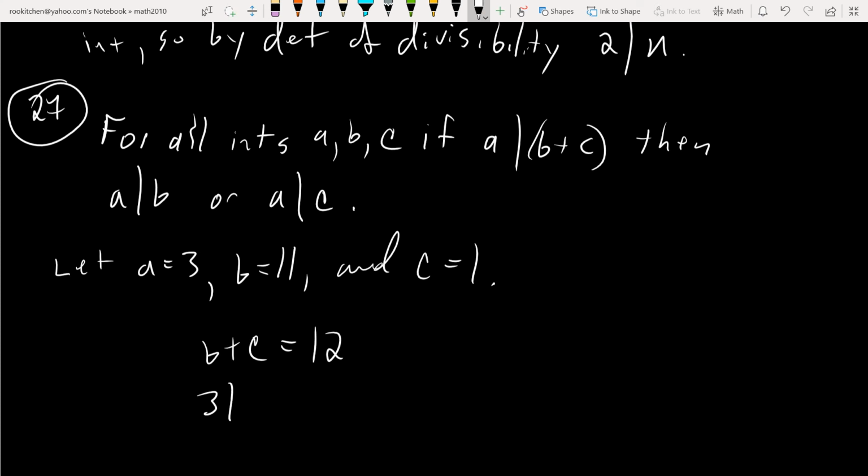So 3 divides 12, but it's not the case that 3 divides either b or c. We could write not divides by putting a slash through the division symbol. 3 does not divide b, right? b is 11, and 3 does not divide 1. So it's not true by counterexample. The statement is false.